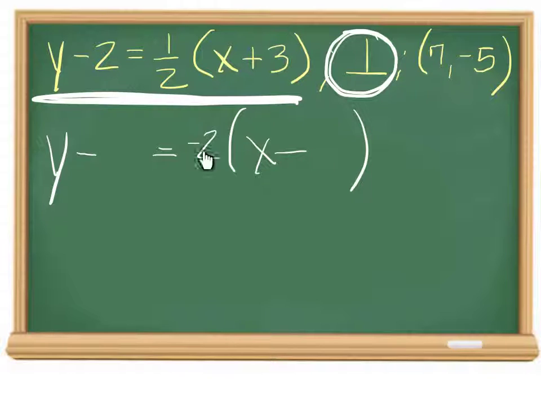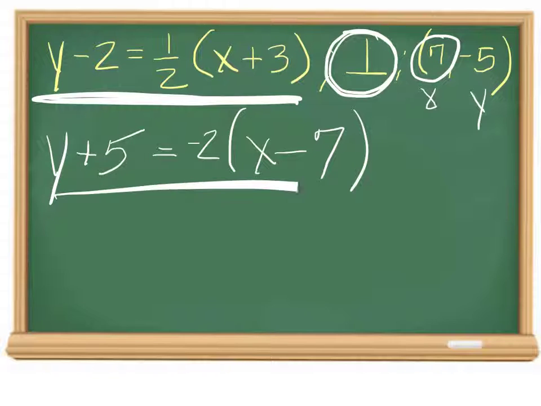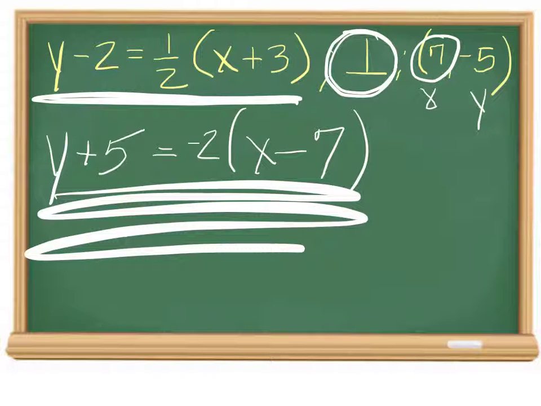So now we have a line that's going to be perpendicular, but it's got to pass through this point. X, Y. If y is -5, it's going to be +5 in the problem. If x is 7, it'll be -7. That's an answer.